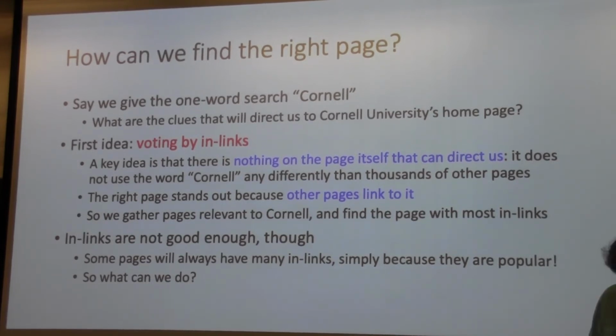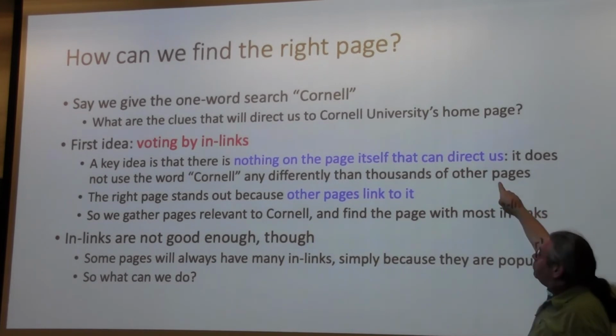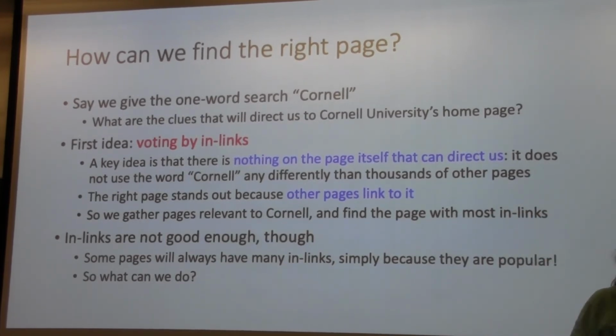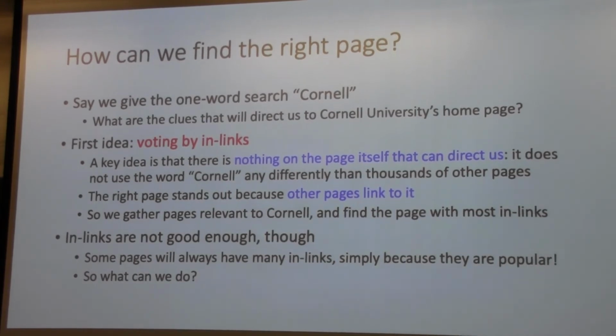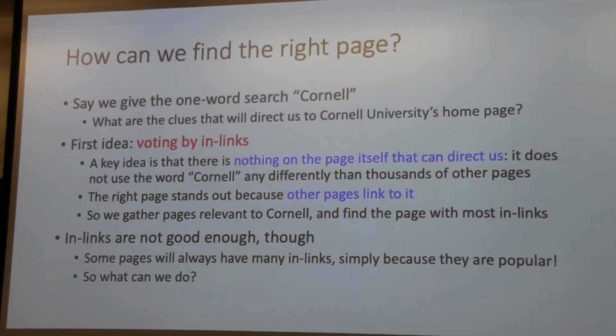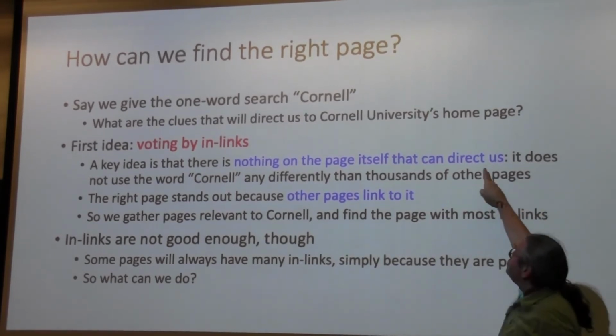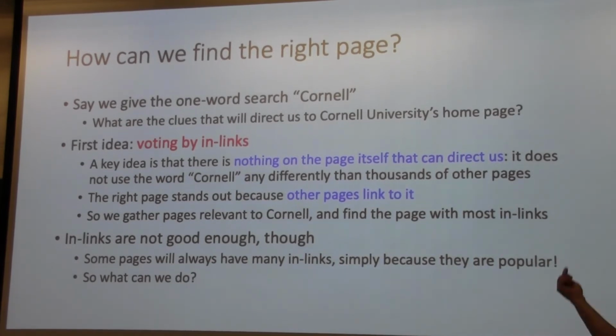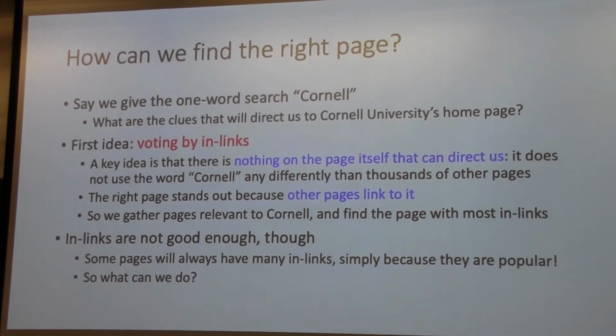Okay, well, we want to build the algorithm. The page itself will not help. Many pages discuss Cornell University, but there's nothing on the page. The only reason Cornell University's homepage is special is because other pages are linking to it.